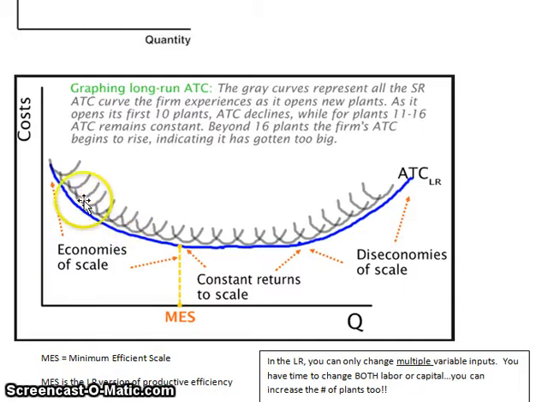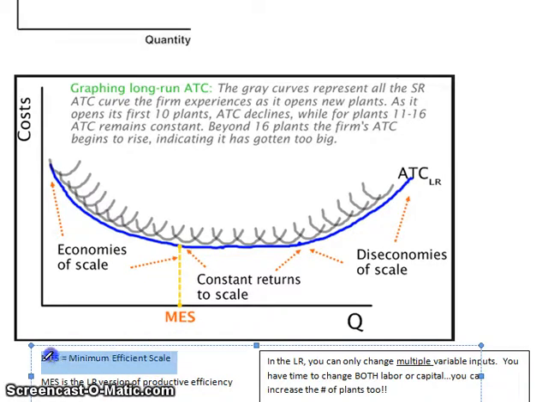And they keep moving along, and they have what is called economies of scale. In the long run, this is where your ATC curve is decreasing as output is increasing. Eventually, you get to the point where you reach minimum ATC for the long run. We don't really refer to it as productive efficiency.